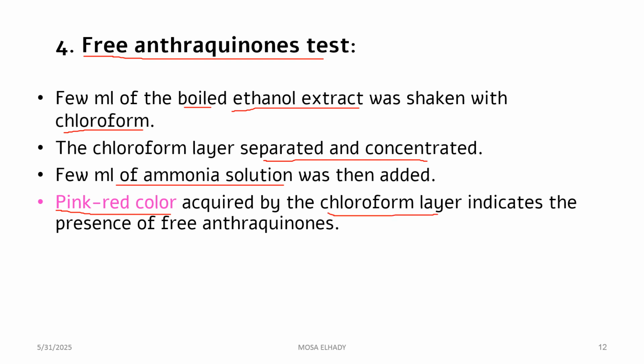A colored chloroform layer indicates the presence of free anthraquinone. As we expect, anthraquinones, because they are nonpolar or semipolar, are soluble in the chloroform layer, in contrast to anthraquinone glycosides, which are soluble in the alkaline, aqueous layer.